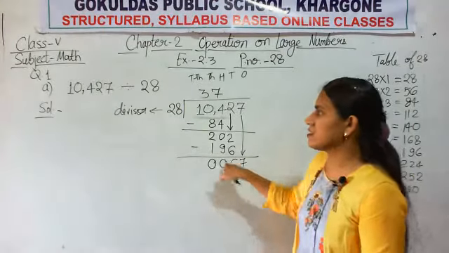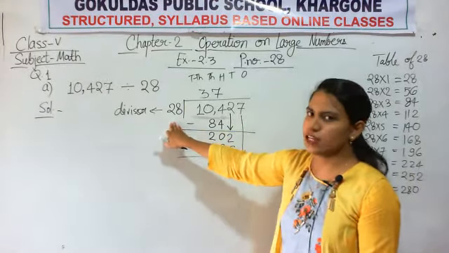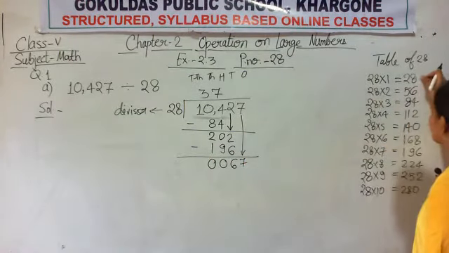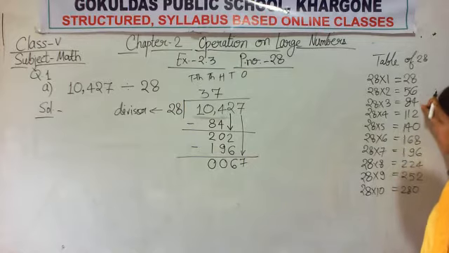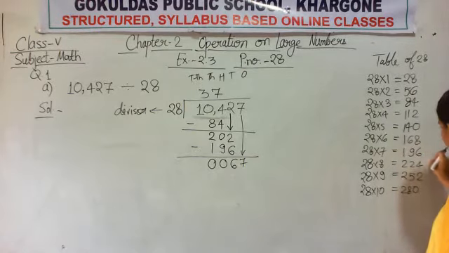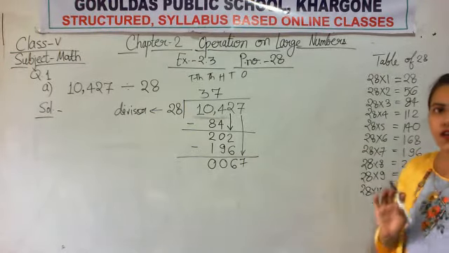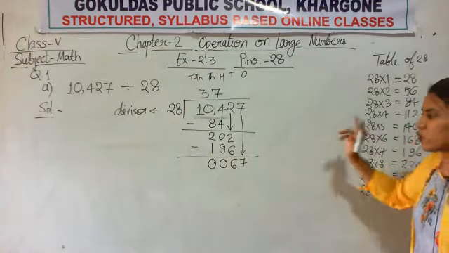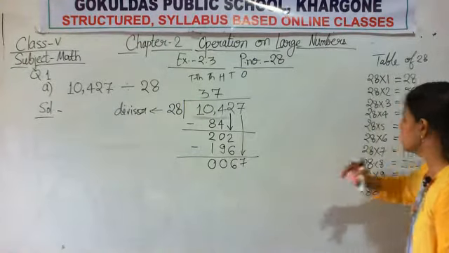Now can you divide 67 by 28? Yes, you can divide. First let's check, does 67 come in the table of 28? No, 67 does not come in the table of 28. So you have to choose a lesser number than 67.